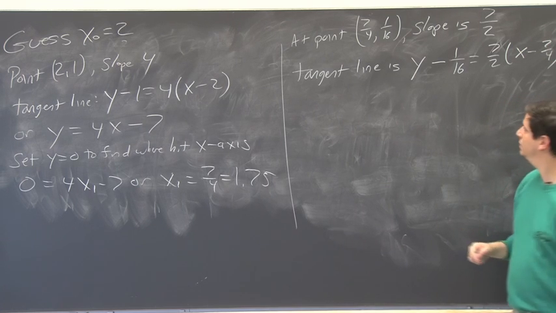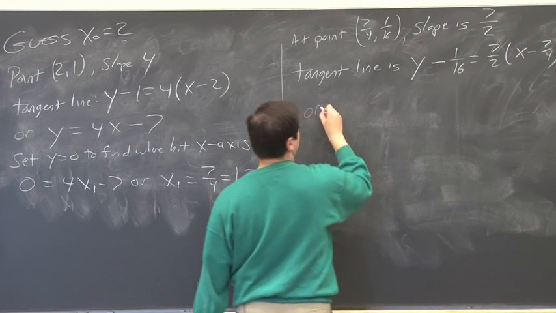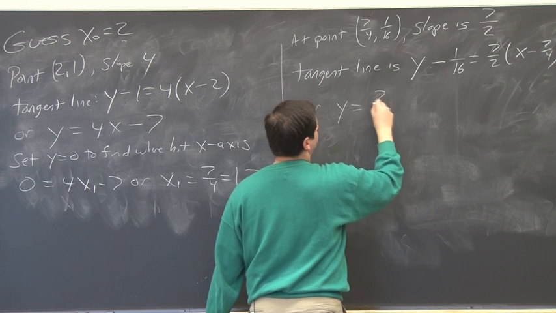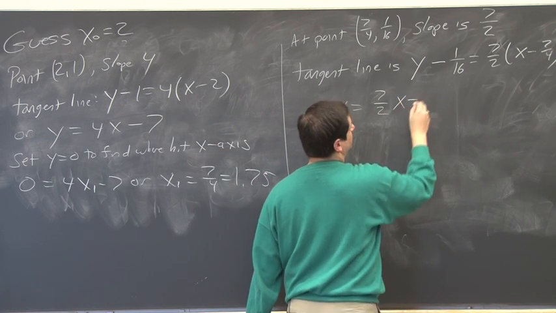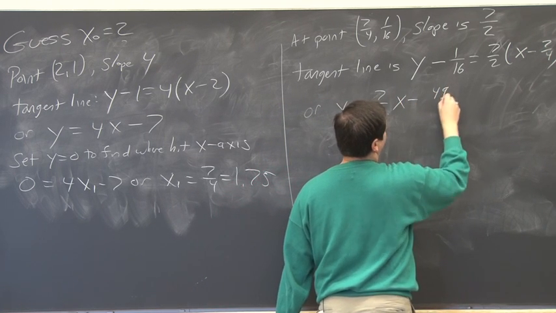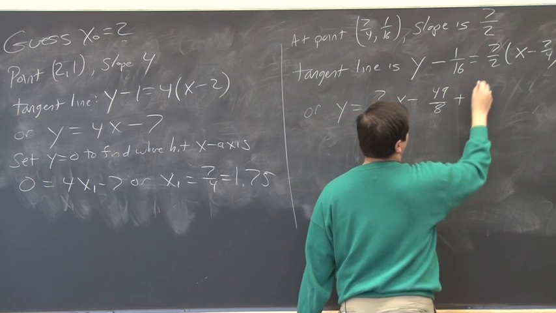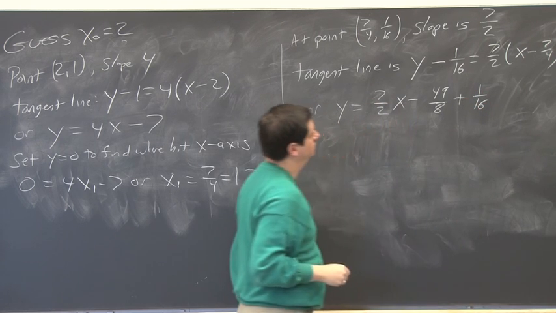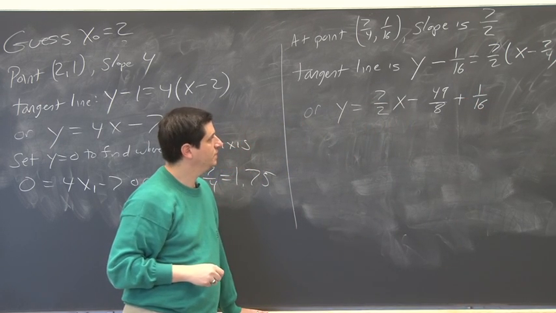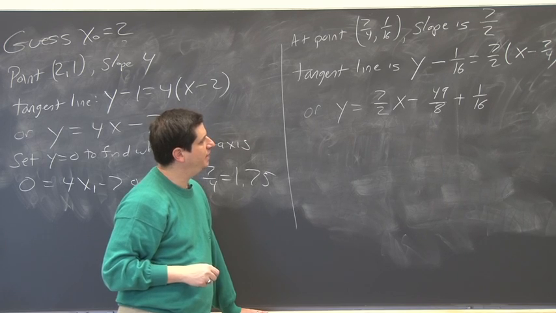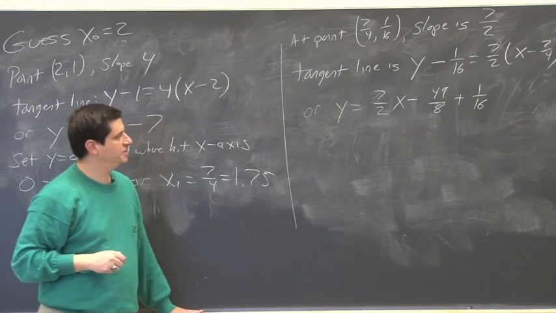Or y equals 7/2 x minus 49/8 plus 1/16. So I just multiplied through by the 7/2 and added the 1/16 to the other side.